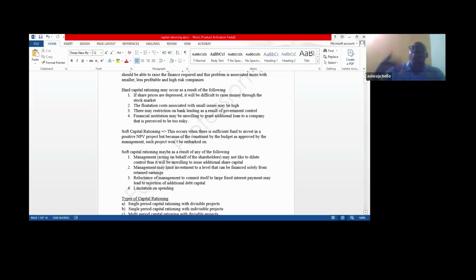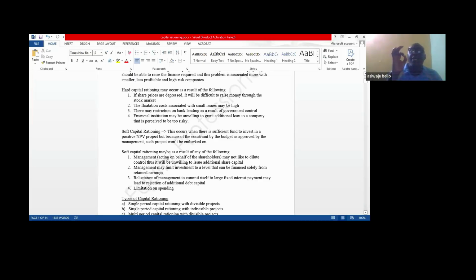The company has money. The company can borrow money. But the company has set a limit on the amount that will be used for investment projects. That means the budget has provided a ceiling, a constraint.